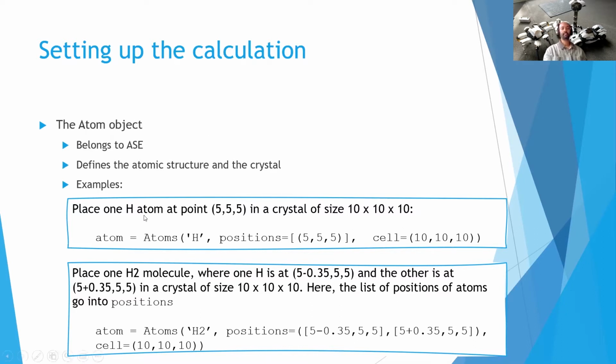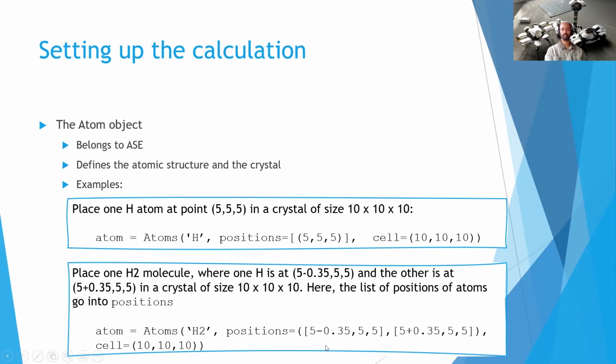Okay, let's say you want to place an H2 molecule. The distance between the two H atoms is around 0.7 angstroms. So we're going to put one H at 5 minus 0.35 and the other H at 5 plus 0.35. Remember, the center is 5, 5, 5. So we're going to place one here and one there. Note positions here is actually a tuple of two lists, right?